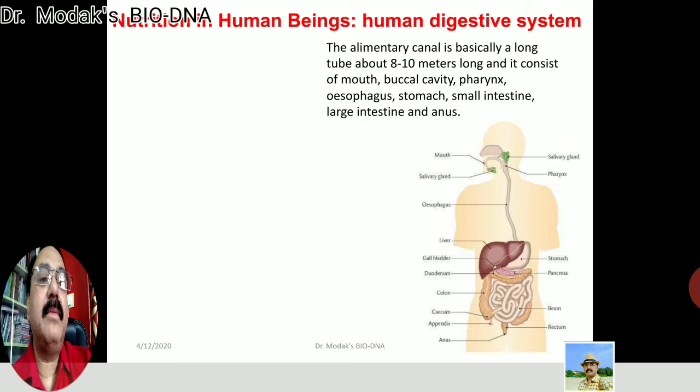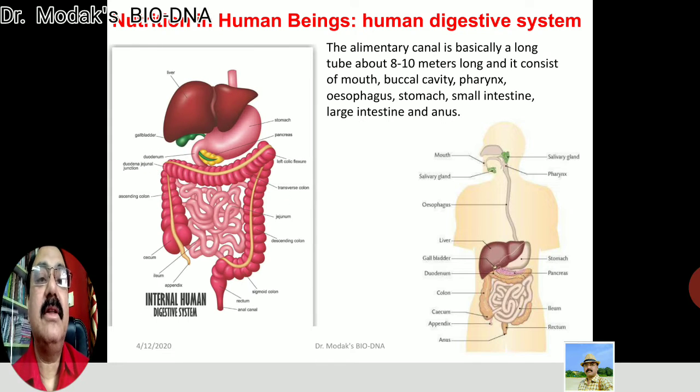This is another diagram I would like to show you. This is the projected view of that digestive system, but the upper parts of that system you cannot see properly. But from the esophagus you can see the stomach, then the small intestine, and in between the stomach and large intestine, a yellow colored structure, that is the pancreas. Then you can see the very large liver, which is brick red in color. The liver is the largest digestive gland, an exocrine gland in the body.